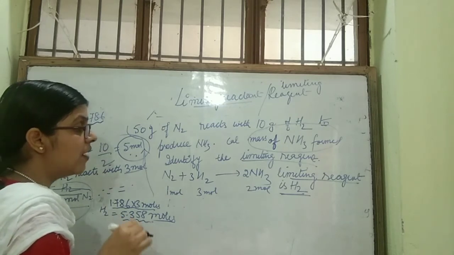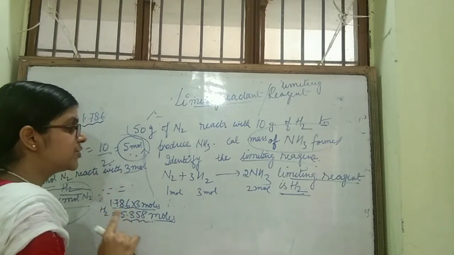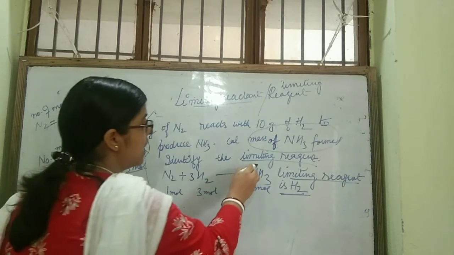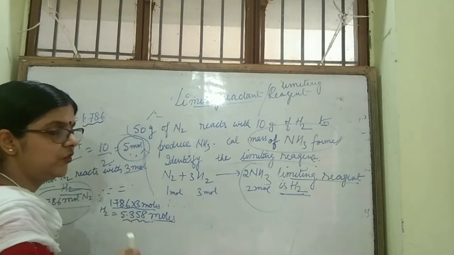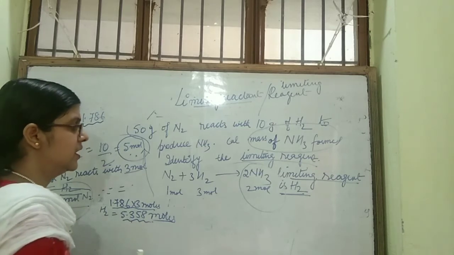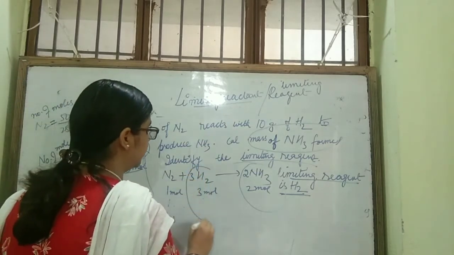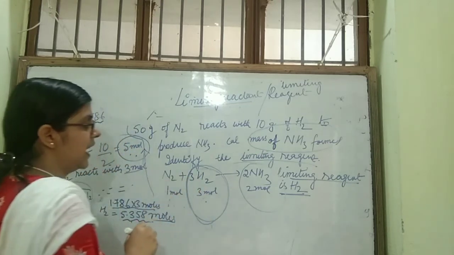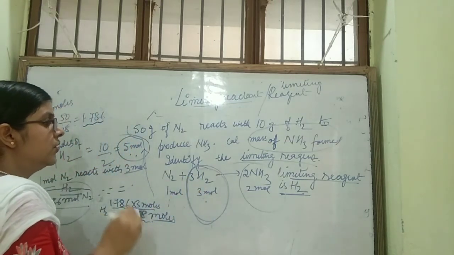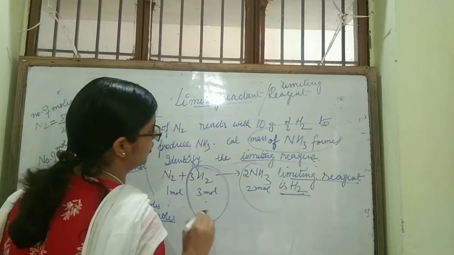How much ammonia will be formed? Always remember, the product formed depends upon the limiting reagent of the reaction. Here, the limiting reactant is hydrogen.